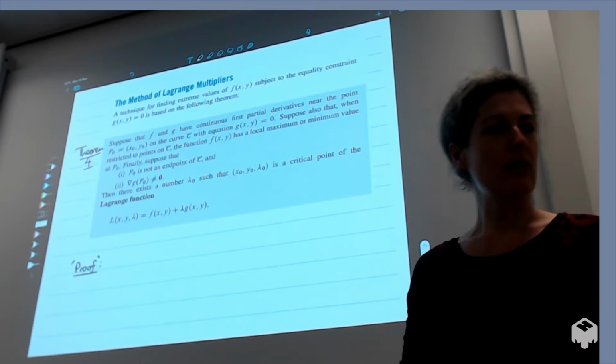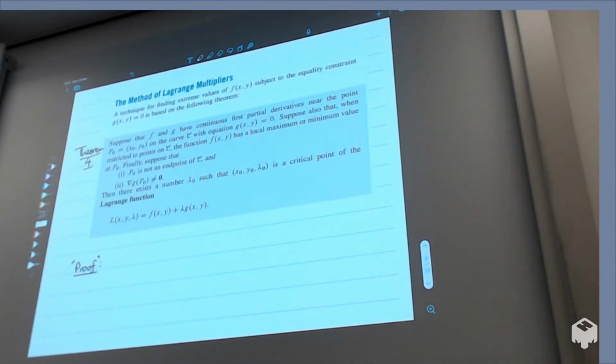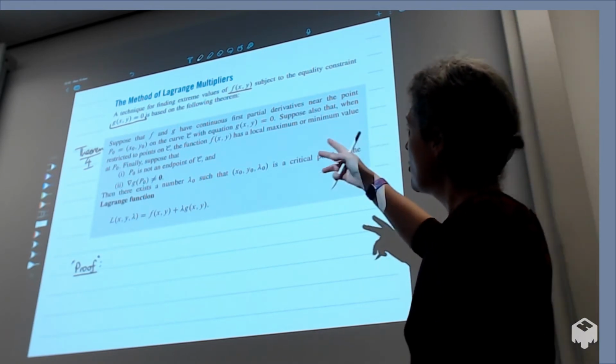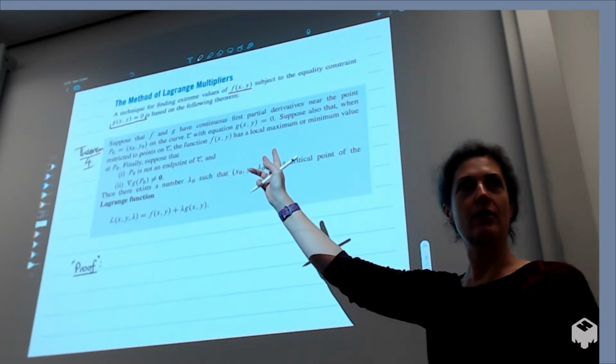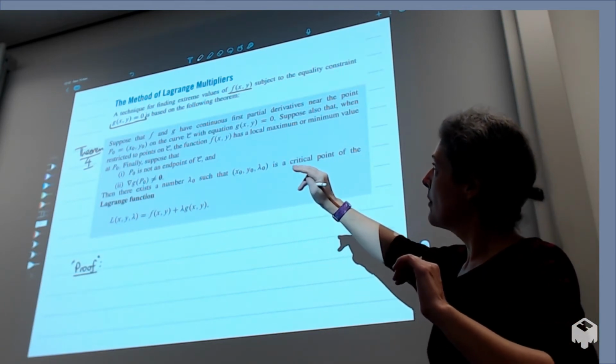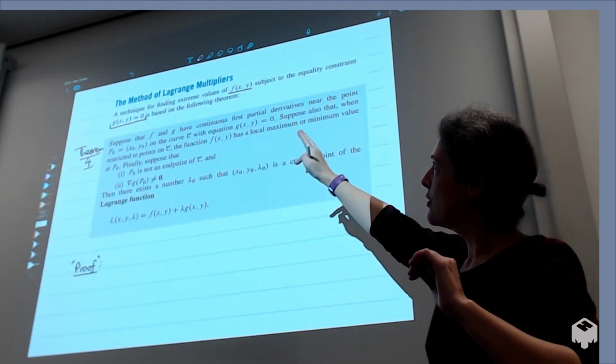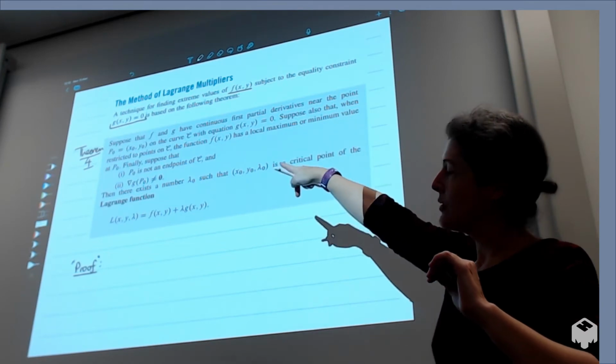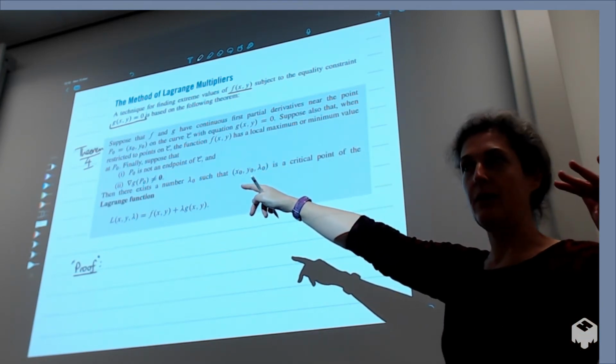Let's read through this. Suppose that f and g are two functions. Okay, so we've got f of x, y, which is the thing that we want to find the maximum or minimum of, and now you'll see why I rewrote this thing, subject to some equality constraint. So we've got two functions of two variables, and we want to maximize or minimize one of them, subject to the other one being equal to 0.